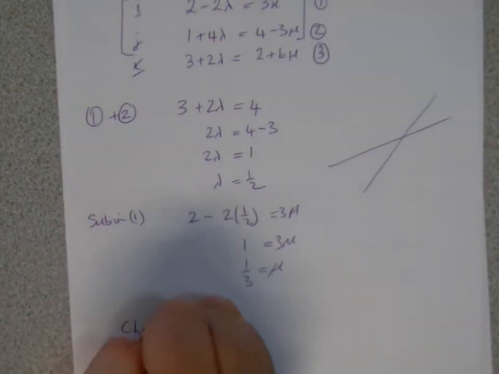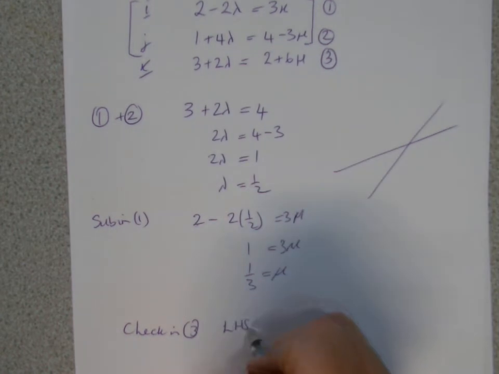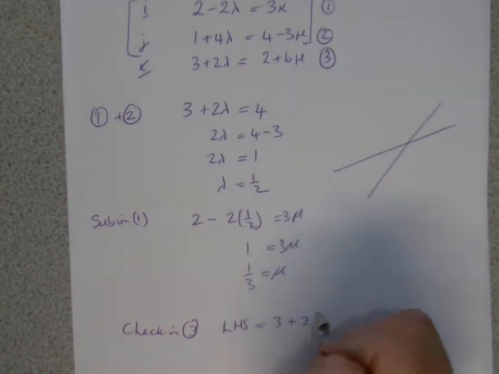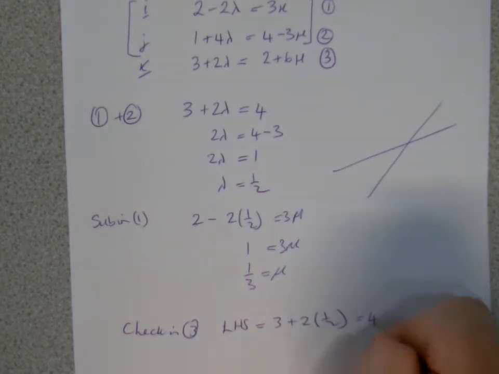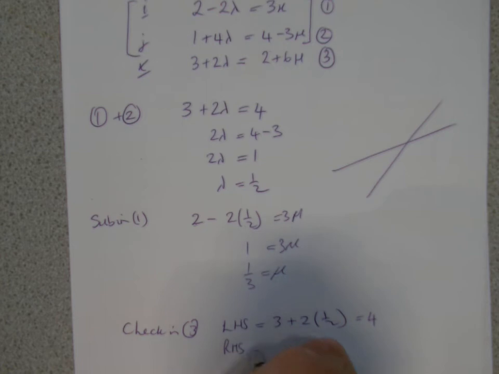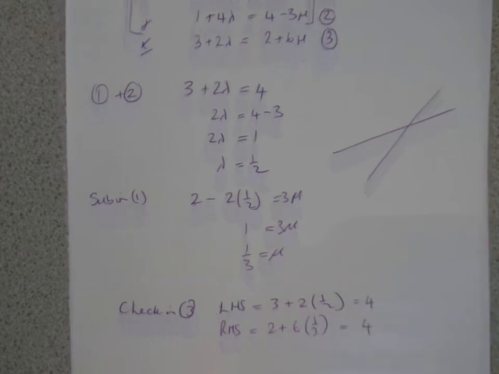So check in 3, and we literally just need to check if it works here. So we look at the left-hand side, 3 plus 2 times a half, putting lambda in there, and that comes out to be 4. If I check the right-hand side, 2 plus 6 times mu, which is a third, that also equals 4.